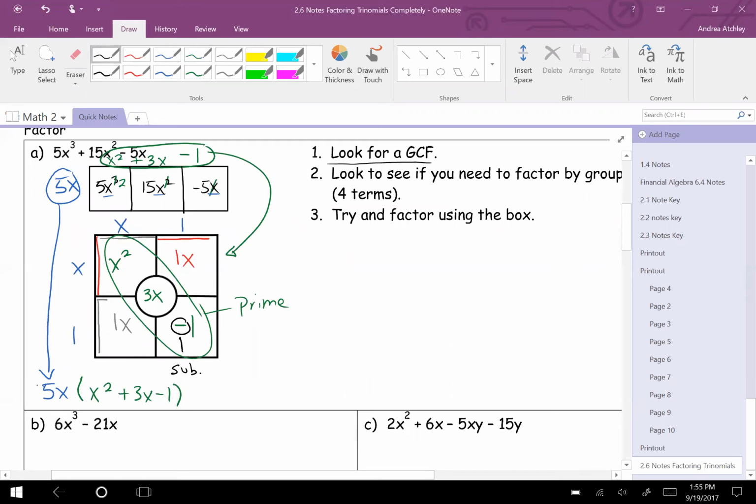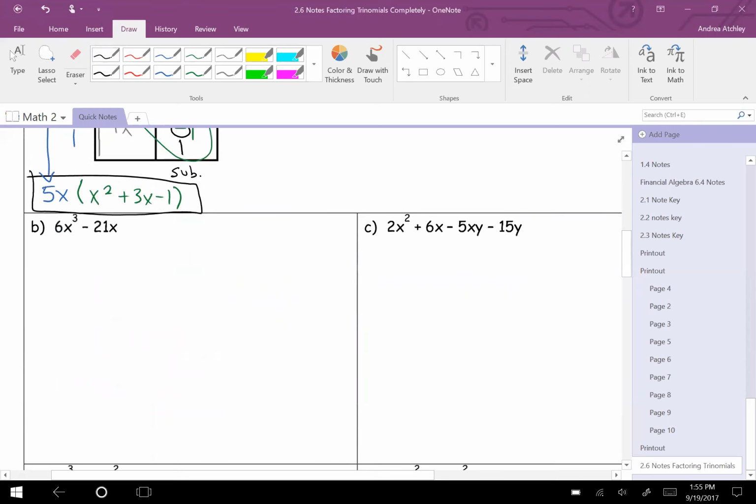And these are my factors. Any questions over that? Yes. That's your answer. That's as far as you can factor it. That's the smallest it'll go. Okay, let's try the next one.